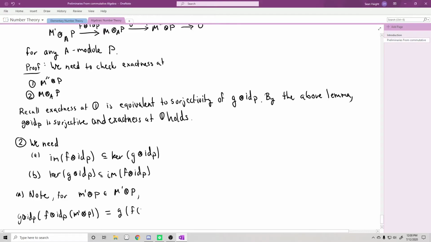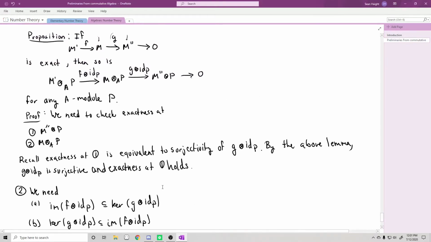So this is going to be F of M prime tensor P. Then it's going to be G of F of M prime tensor P. Again, I do nothing to the second factor and I just apply G to the first factor.